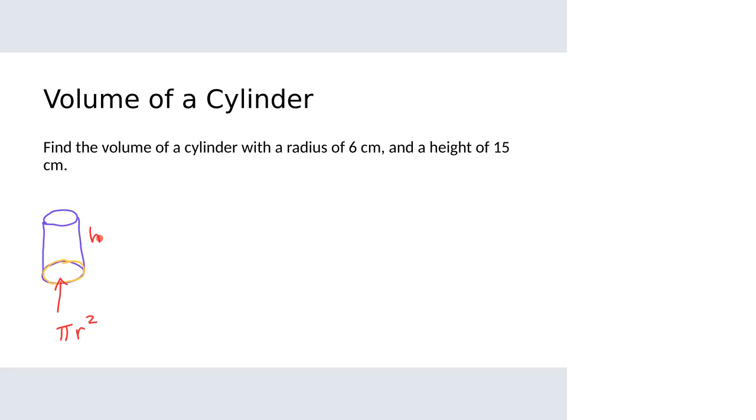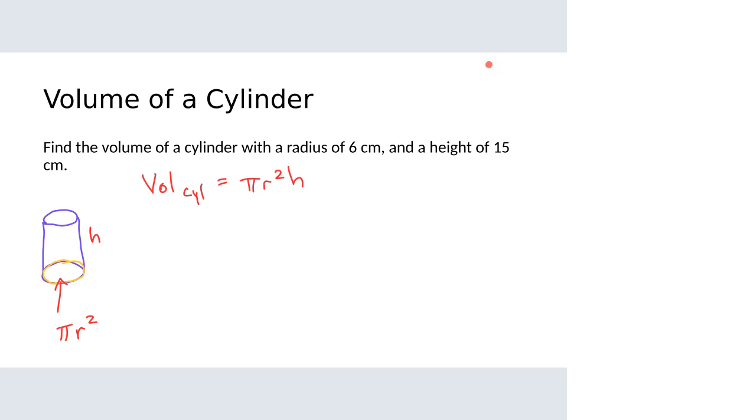So the volume of a cylinder is going to be pi r squared multiplied by the height. It's the area of that circle at the bottom multiplied by how tall it is, pi r squared h.